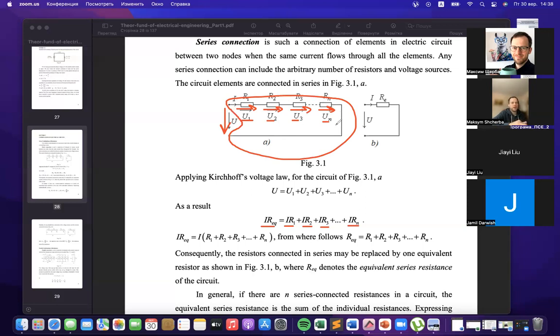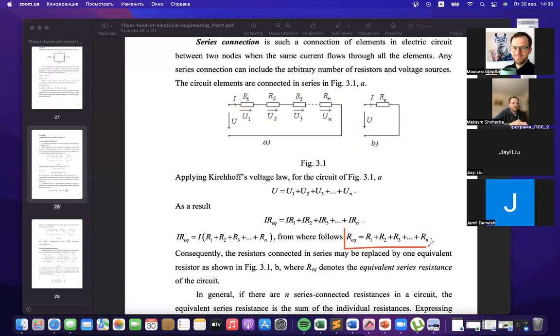And because the current is the same, why is it the same? Because we don't have any additional connection. The current hasn't any other path to flow, only one path. That is why it is the same number in each formula.